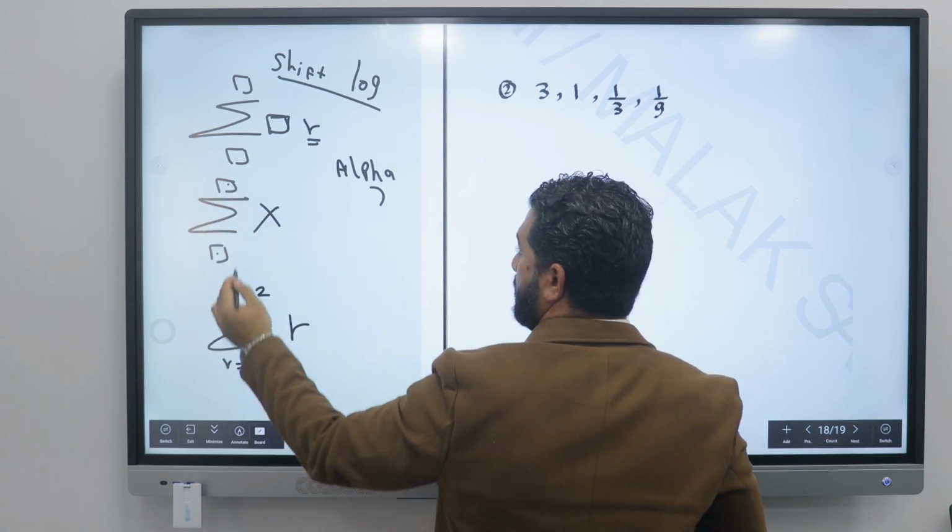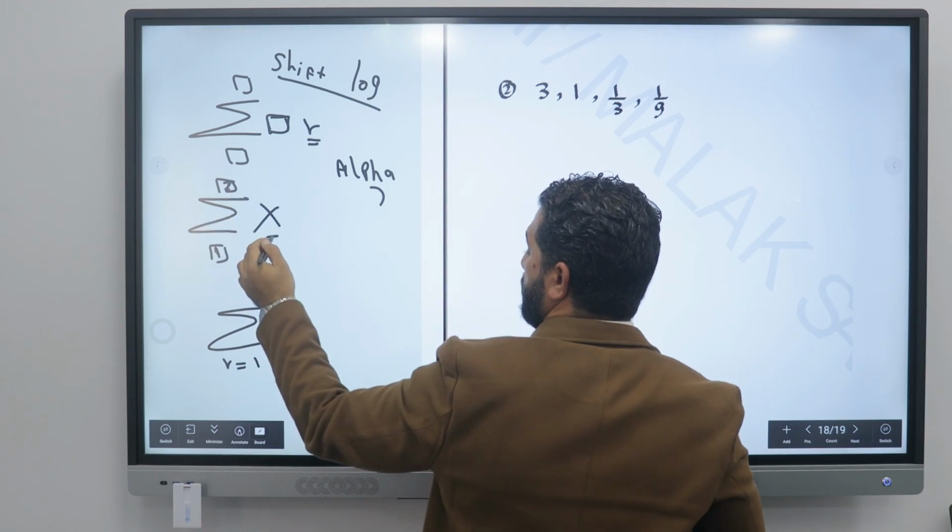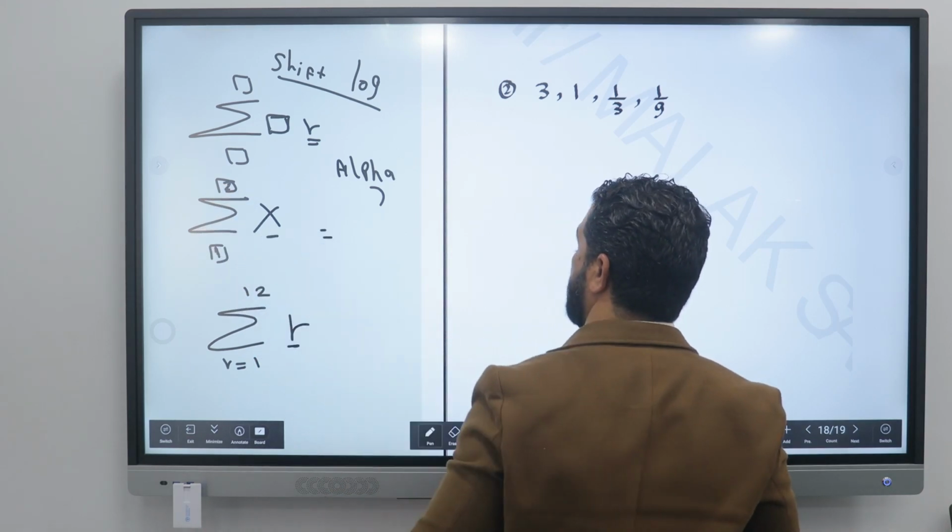Here you write 1 and here 12, and instead of r you write x, and click equals. That's it.